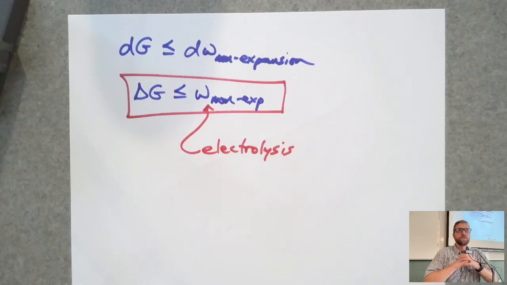All right? So if it happened, it was spontaneous. We don't ever observe non-spontaneous processes. It just doesn't happen.